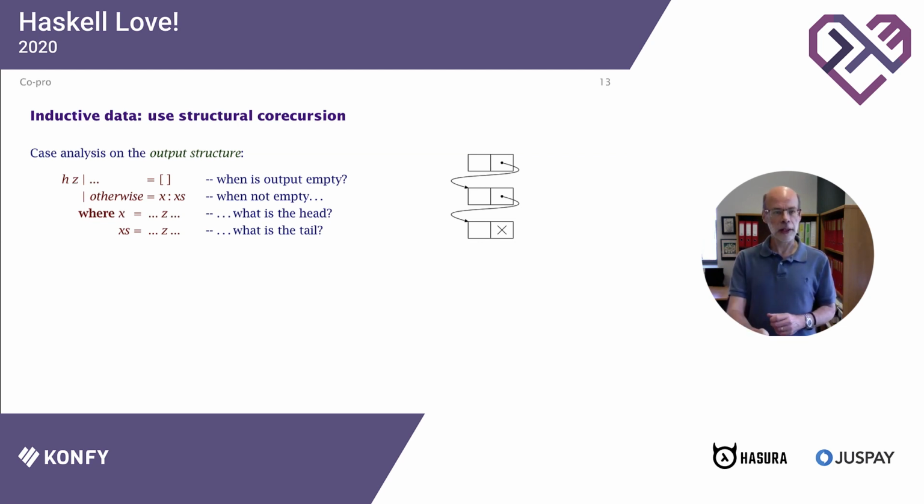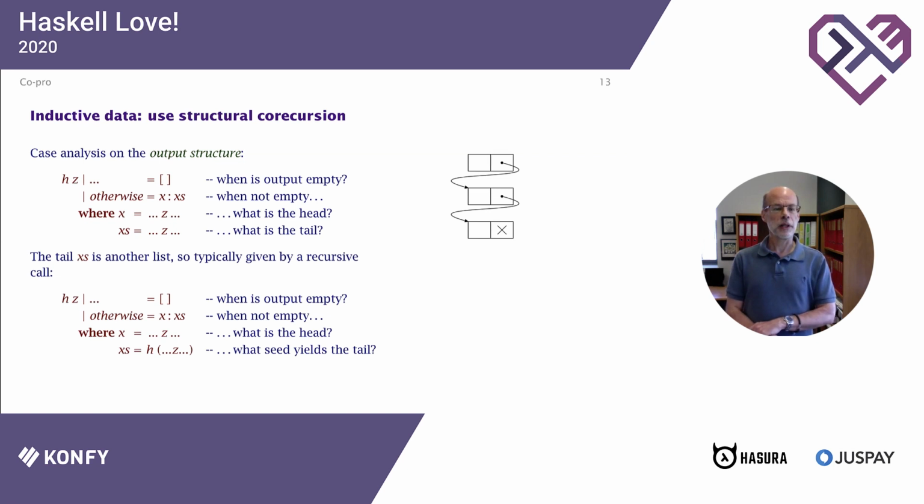And again, the tail xs is another list, so that's typically given by a recursive call, just as we saw with structural recursion. So here, x is something to do with the input z, what is the head, and xs is a recursive call on some other seed. So I'm not constructing an arbitrary tail, I'm constructing a tail xs by computing a recursive call of h on some new seed z prime.